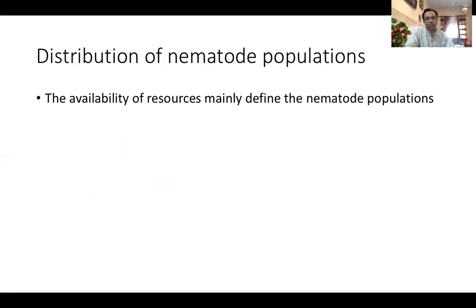So how are the nematodes distributed? Based on the available literature, it has been observed that the resources available in a place are the most important factor that controls the number and type of nematode population there.